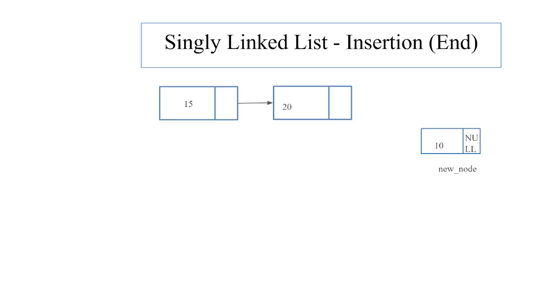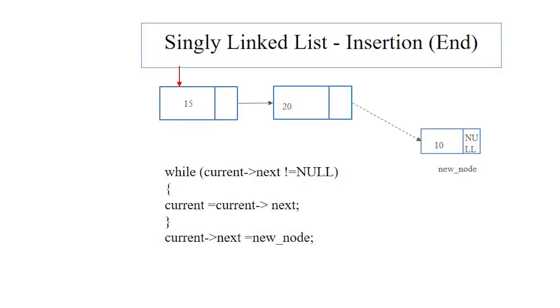Let's say our existing linked list consists of two nodes, 15 and 20. Now initially we may be at this particular place. We have to continuously traverse and reach the end of the linked list. So how do we check whether we are reaching the last node of the existing linked list?